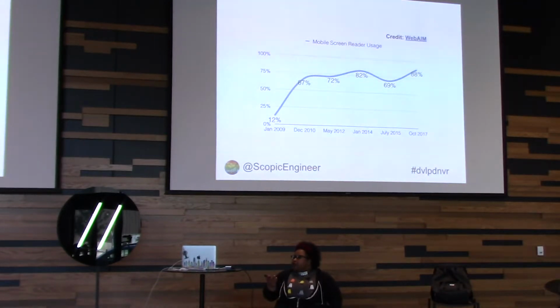This is a study from WebAIM. Every few years they do a study about screen reader usage, and from their latest study, they asked the respondents how often they use a mobile screen reader. In 2009, only 12% of their respondents said they use a mobile screen reader, and by October of 2017, it grew from 12% to 88%.